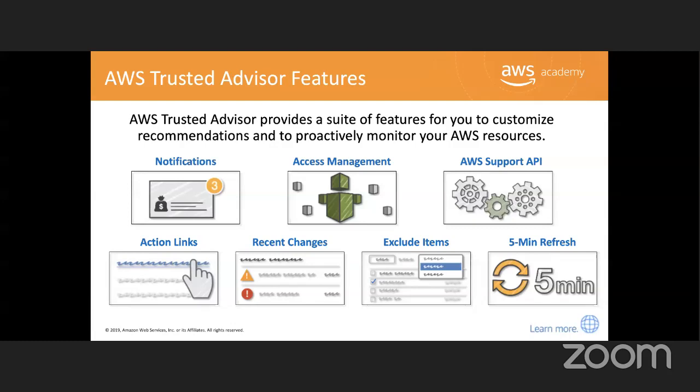Now, the recent changes, you can track recent changes of a check status on the console dashboard, and the most recent changes appear at the top of the list to bring them to your attention, right? So you're gonna have this symbol here, a warning, like a triangle with an exclamation mark in the middle, that says there's a warning there, right?